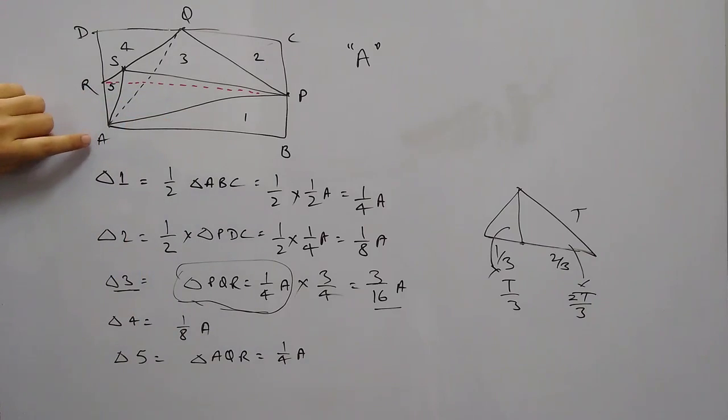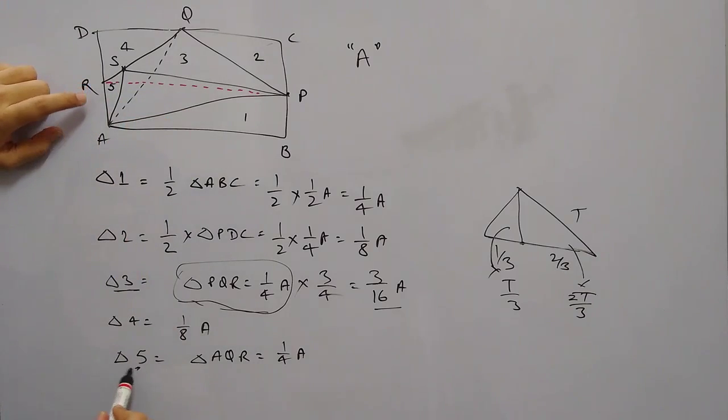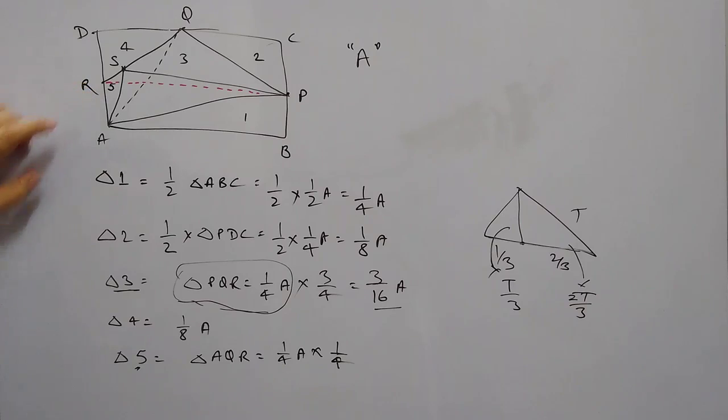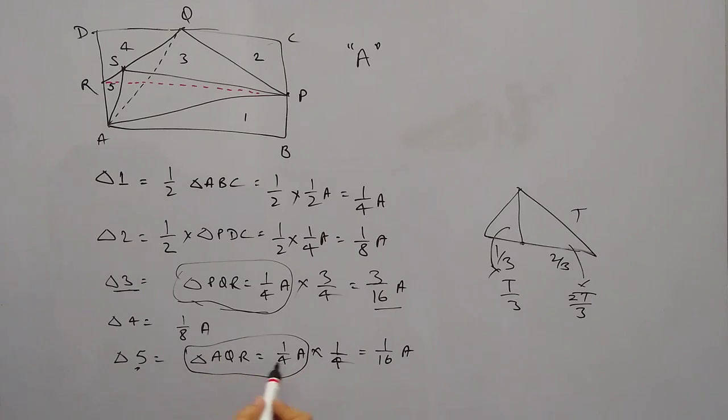So area of triangle ARS, which is triangle 5, will be 1 by 4th of this, so area of triangle 5 would be 1 by 16A.